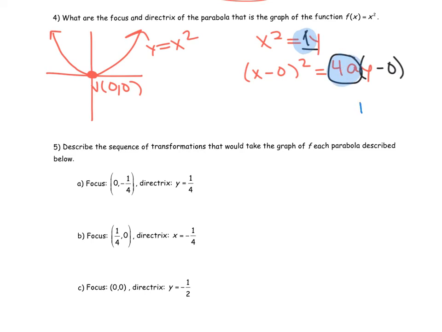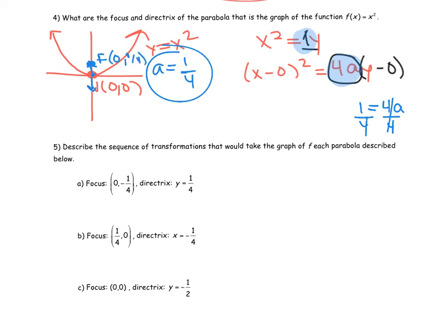So I'll have 1 = 4a, where a is equal to 1/4. If a is equal to 1/4, then I know the distance above and below the vertex is 1/4. So the focus is going to be (0, 1/4), and the directrix is going to be at y = -1/4.